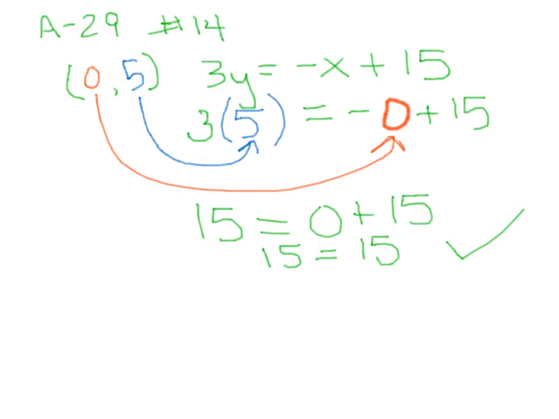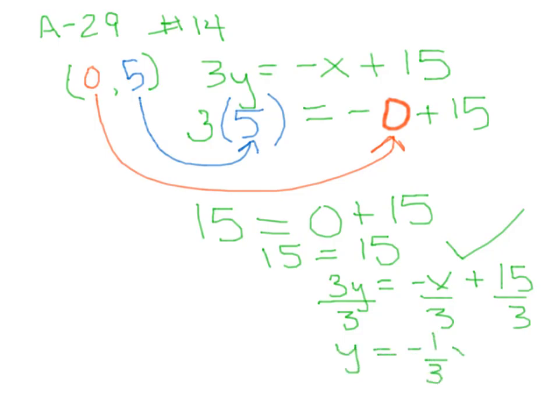All right, and then if I wanted to move on with this one, I could take this equation, 3y is equal to negative x plus 15, and put it in slope-intercept form. So the first thing I have to do is isolate y, so I'm going to divide every single term by 3, and that's going to give me y is equal to negative 1/3 x plus 5.